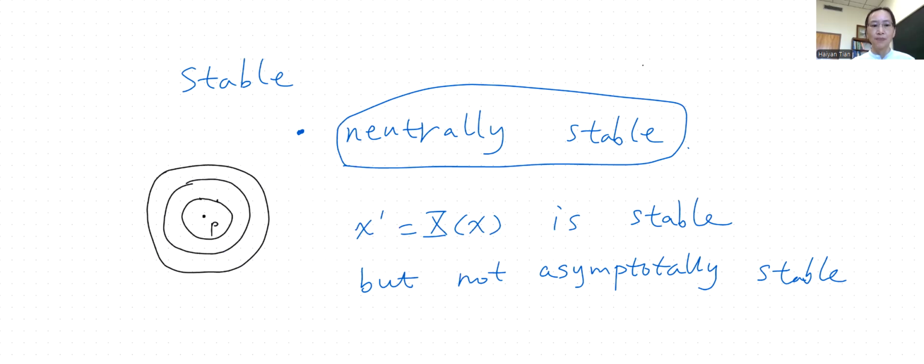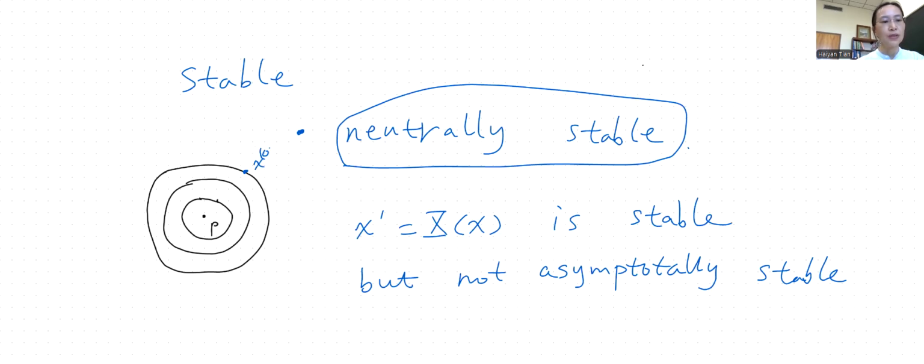But each solution curve is not necessarily approaching P when t goes to infinity. So this case is neutrally stable. You can pick, for example, one curve, for example, this initial data.